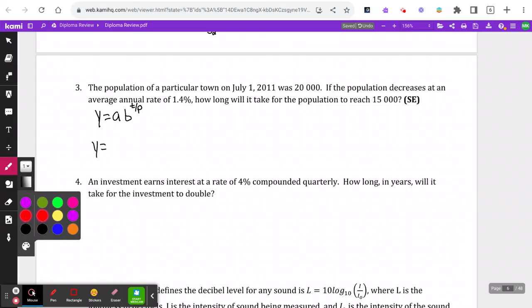We want to replace A, B, and P if possible. A is your starting value. I start at 20,000. B is 1 plus or minus your rate. In this case, I'm decreasing by 1.4%. That means my rate will be 1 minus 0.014.